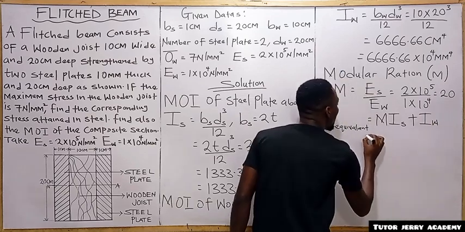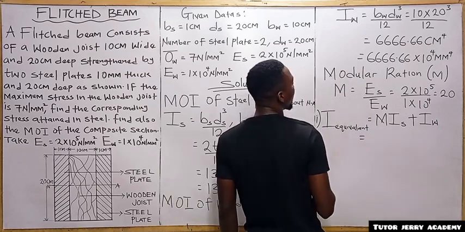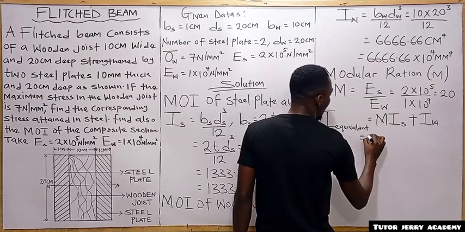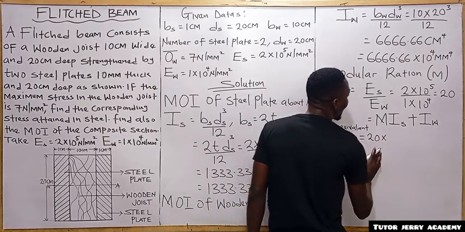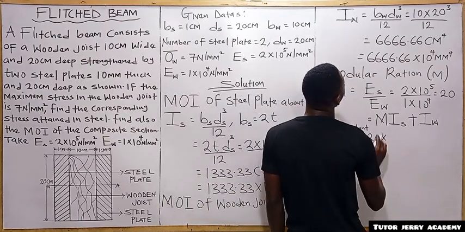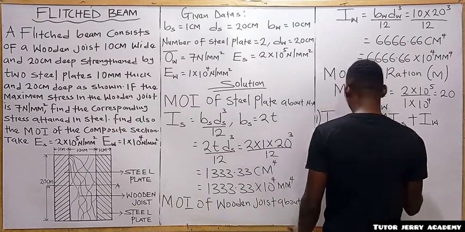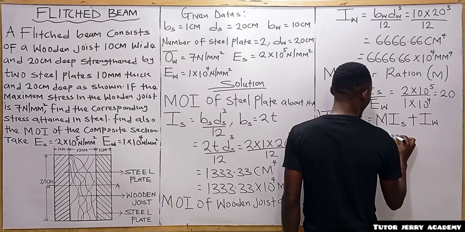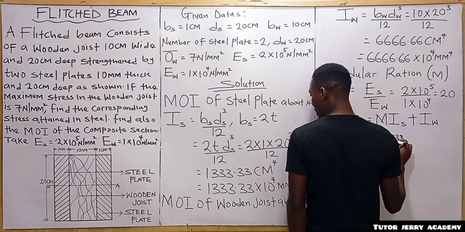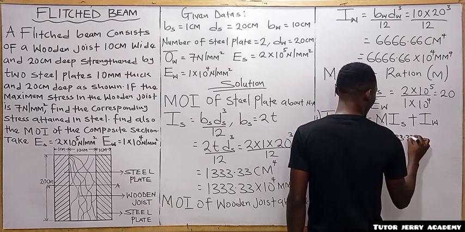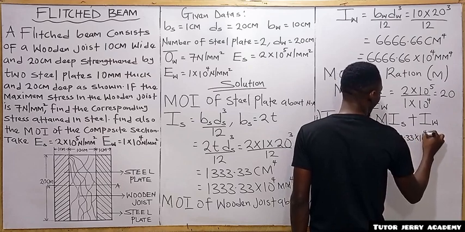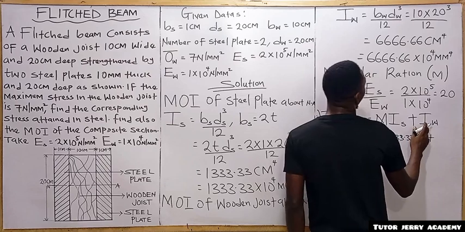So if you substitute that, we are going to have 20 multiplied by the moment of inertia of steel, that is 133.3 times 10 to the power of 4, plus this.